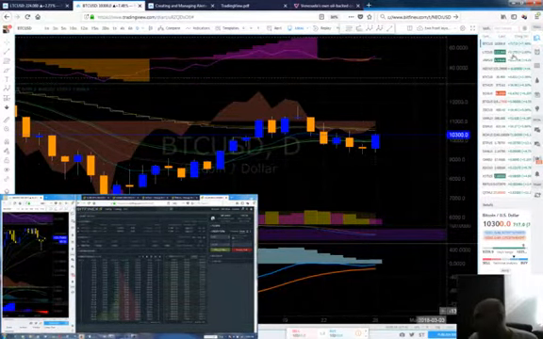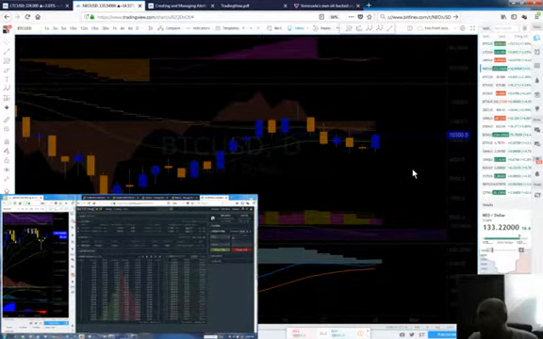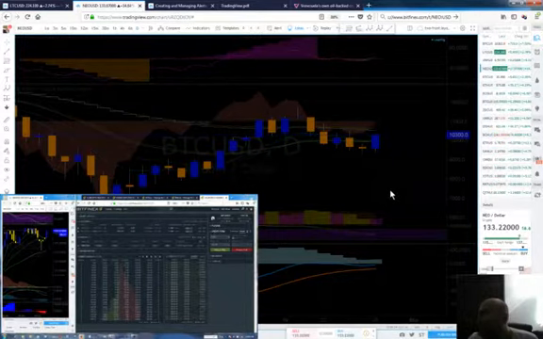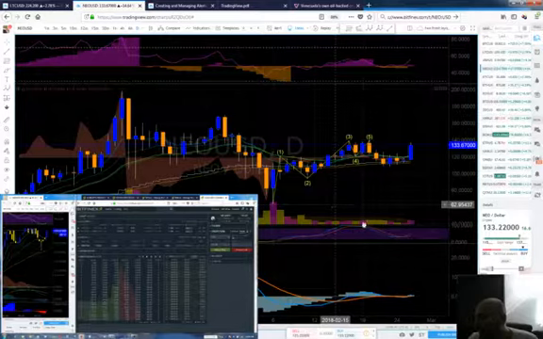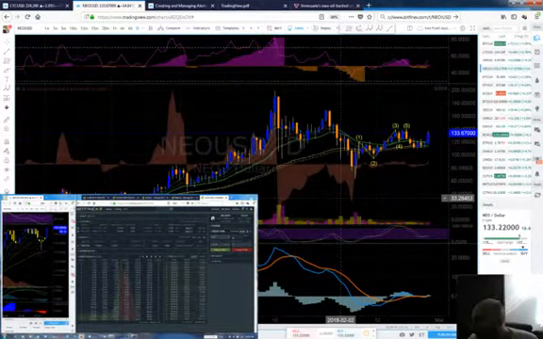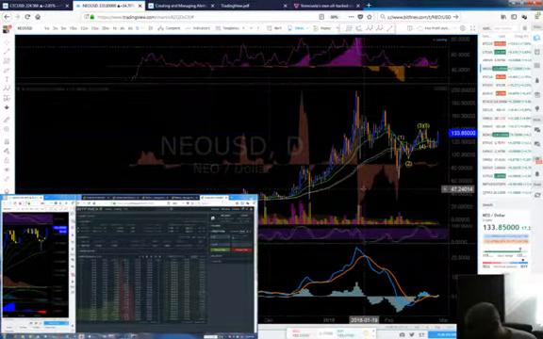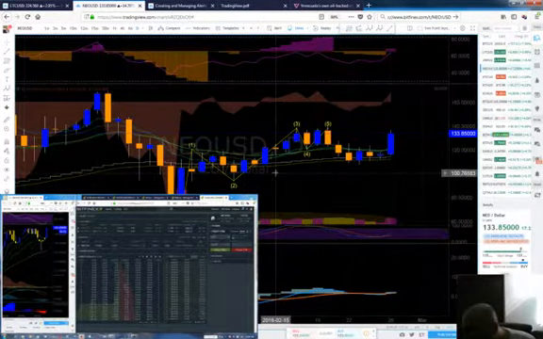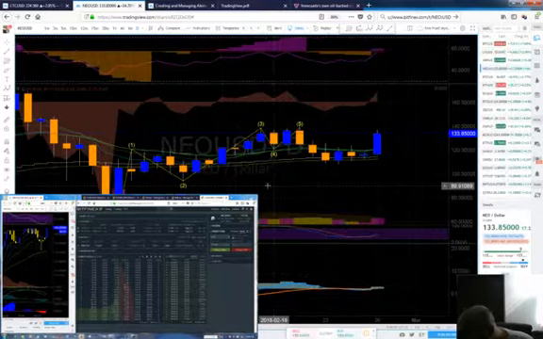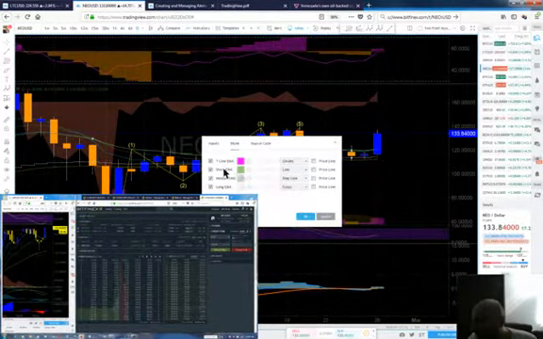But let's go back to Neo. Now, if you noticed, good old Neo, the moving averages are already down somewhere. Let's see, where are they? I'm looking for the 200. Where is it?